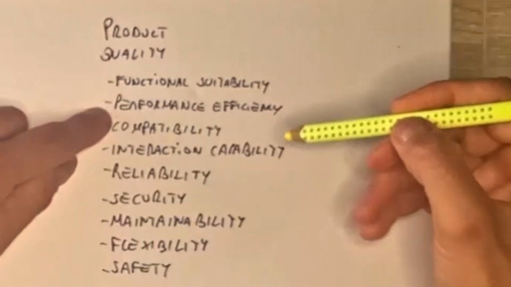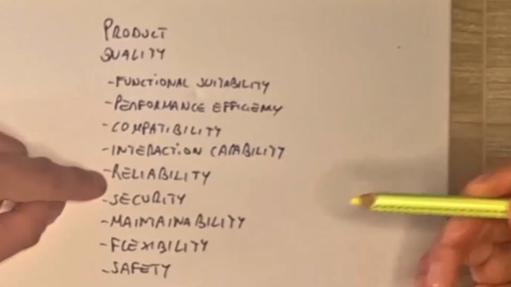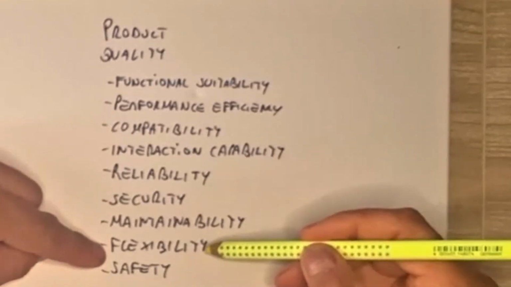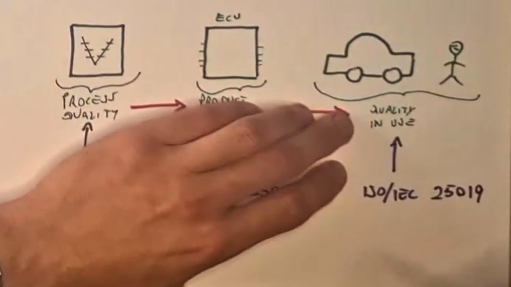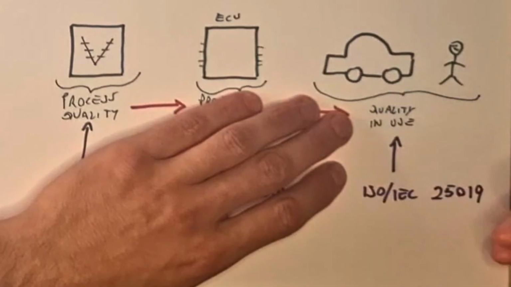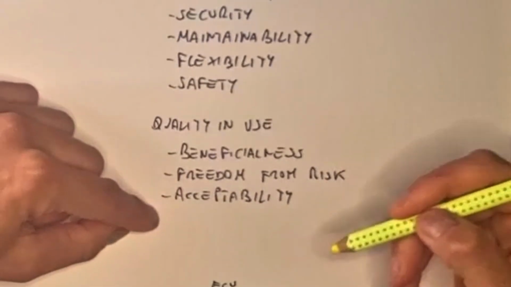This standard identifies the following 9 characteristics: functional suitability, performance efficiency, compatibility, interaction capability, reliability, security, maintainability, flexibility, and safety. The characteristics of the quality in use are defined in the ISO 25019 standard. These are beneficialness, freedom from risk, and acceptability.